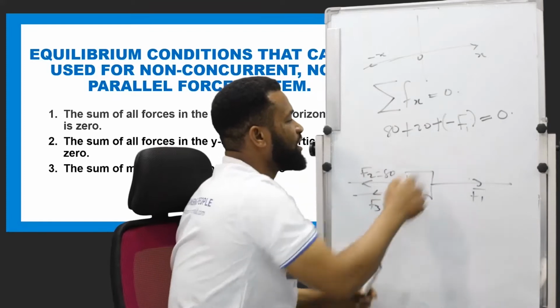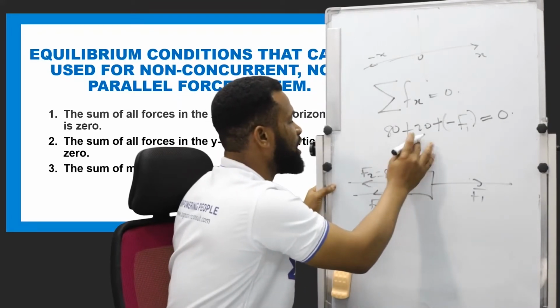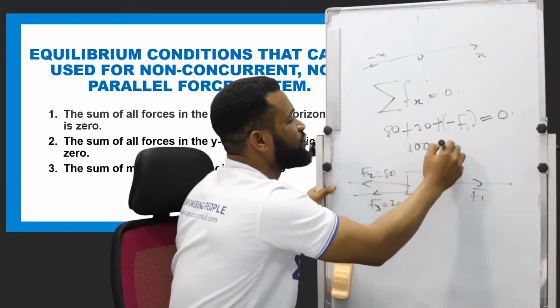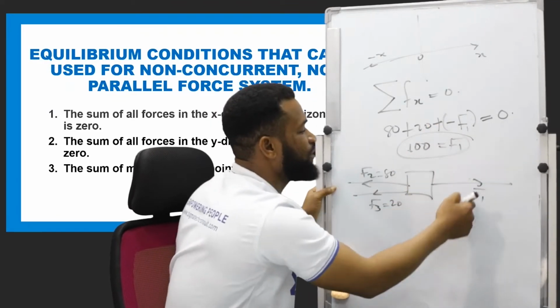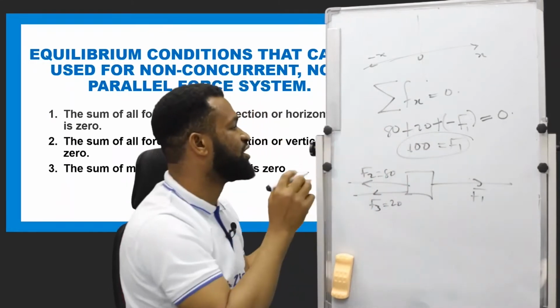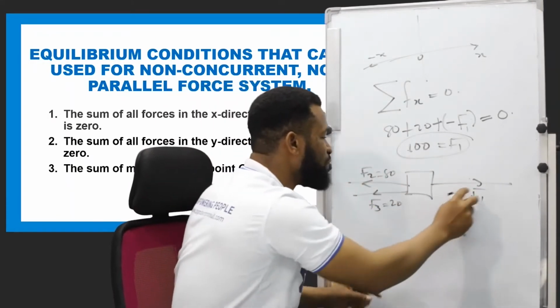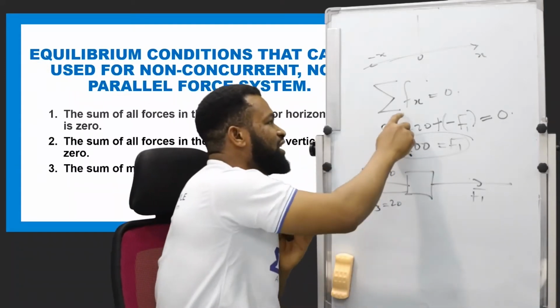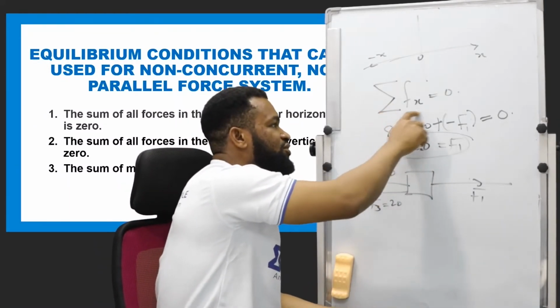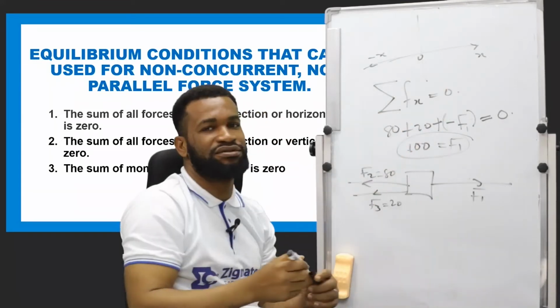When I add all of them together, 80 plus 20 is 100, and it is equal to F1, so we say that F1 is 100 Newton. That is the only force that can balance this one moving in this direction. That is the essence of saying the sum of all the forces in the horizontal direction is equal to 0.